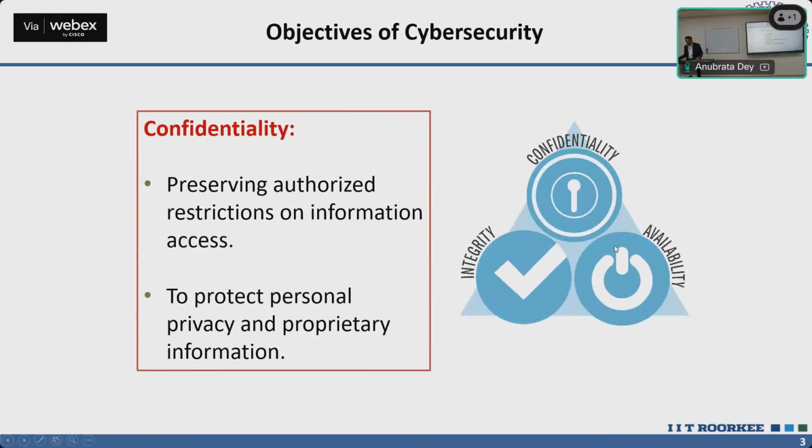So those things are also very important. If we look at the main objectives, or the pillars, of cyber security, there are three major objectives. One is known as confidentiality, the second one is integrity, and the third is availability.